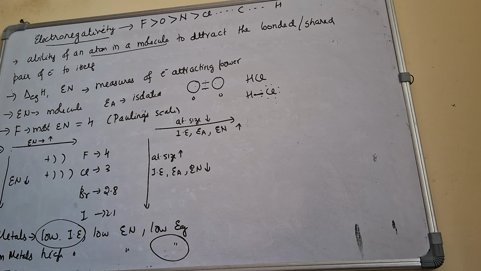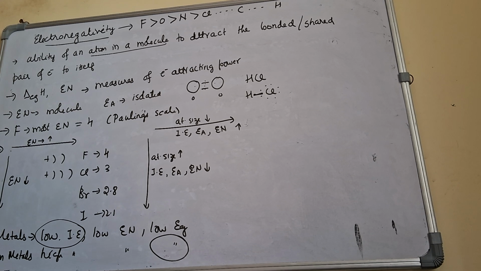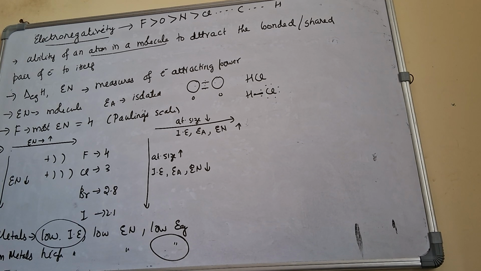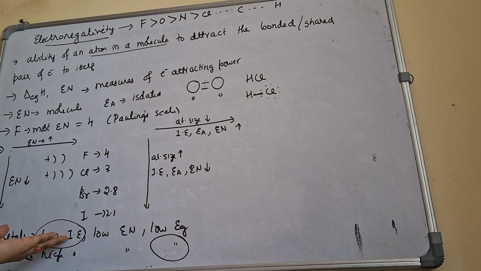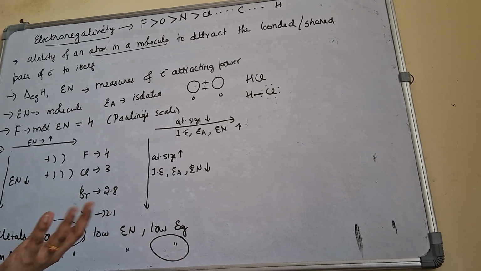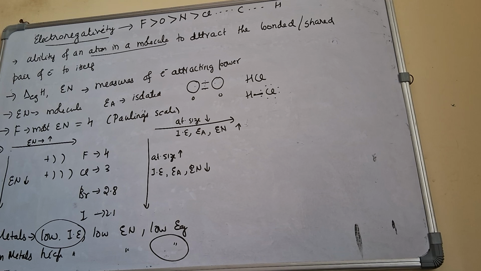In the case of non-metals, it is the 17th group, because they have the highest electron gain enthalpy. For metals, we deal with ionization energy: the lower it is, the more reactive. When we talk about non-metals, ionization energy doesn't make sense because non-metals have a tendency to gain electrons. So electron gain enthalpy makes more sense, and the higher it is, the more reactive.